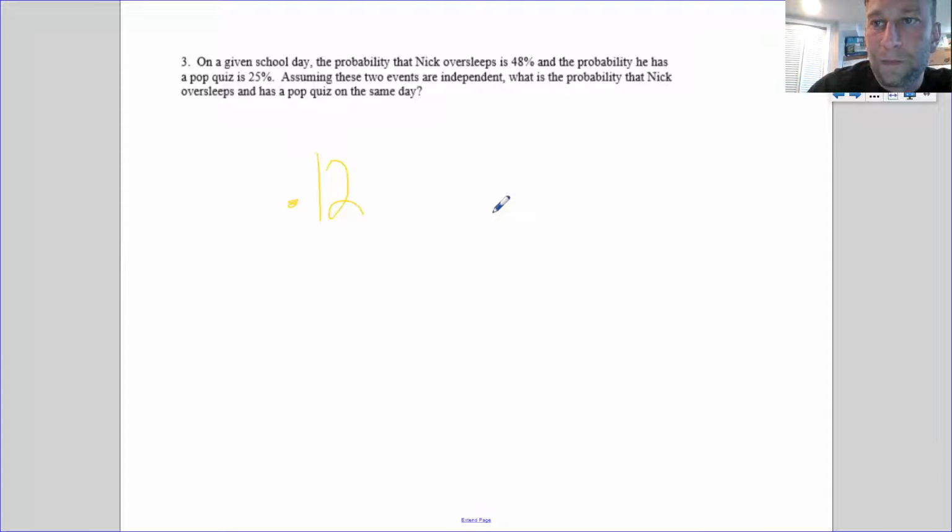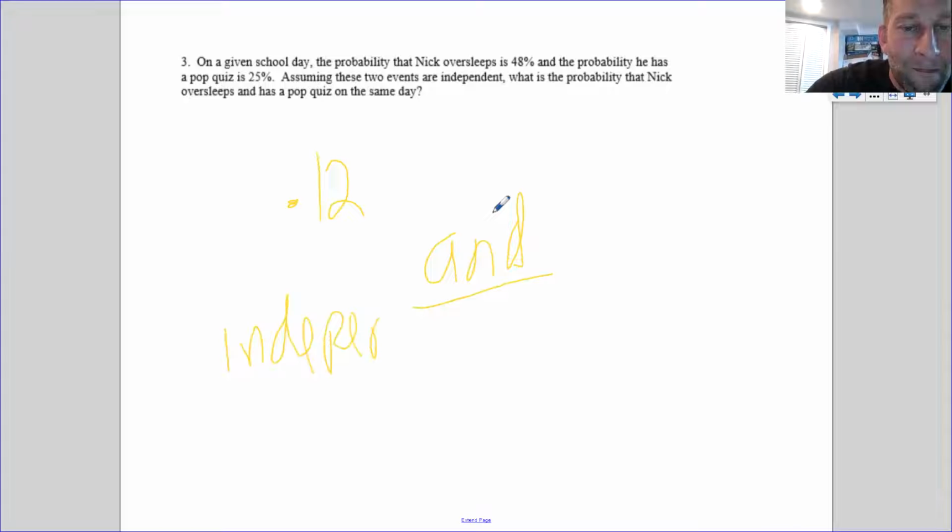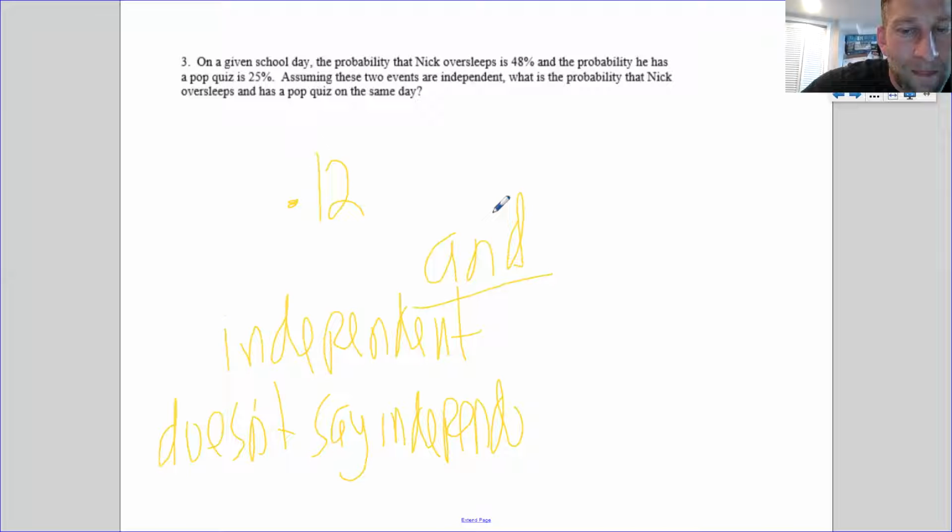That's it. So if it's asking you for and, there's two possibilities. If it says that they're independent, or if it doesn't say independent.